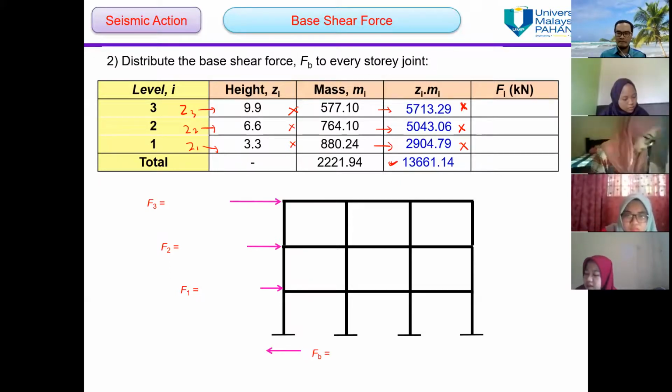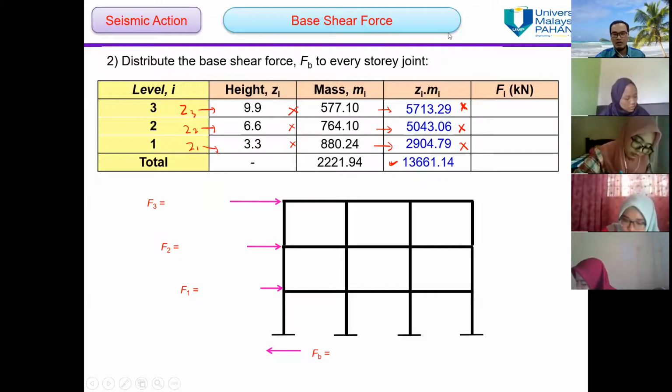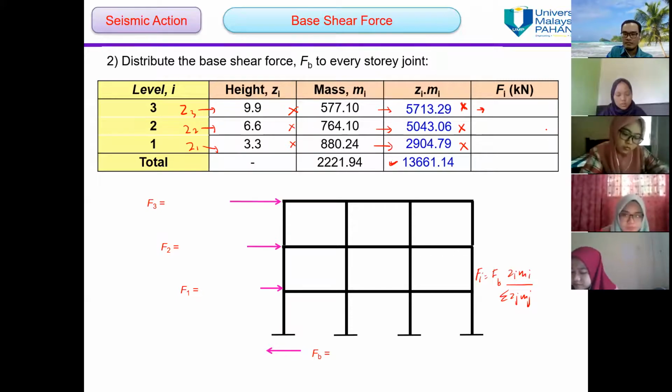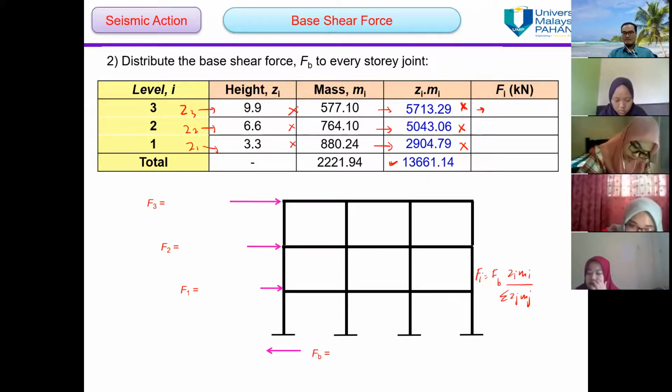Did everyone get the same answer? Okay, good. So once you got that, you can distribute all the forces by using this equation: Fi is equal to Fb times Zi Mi over the sum of Zj Mj. What is the value of F3 here? 114.5.